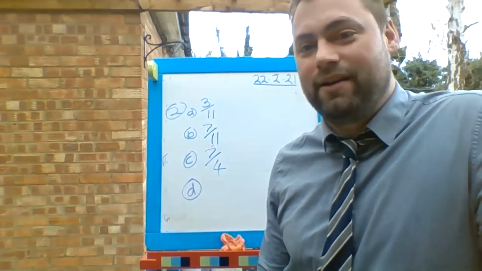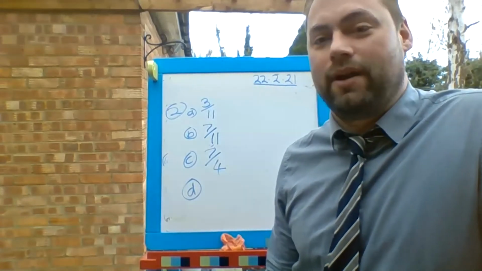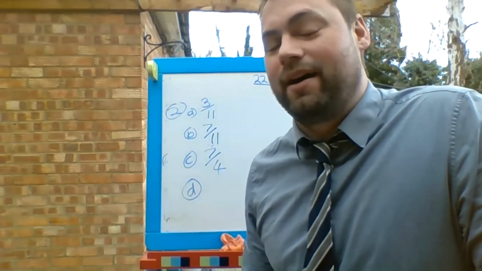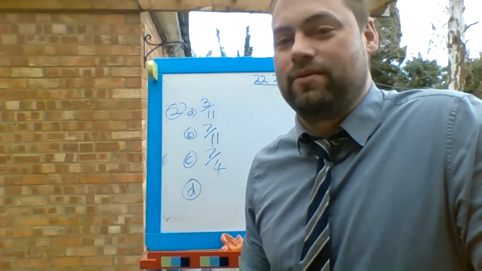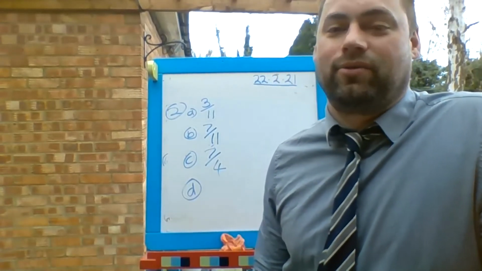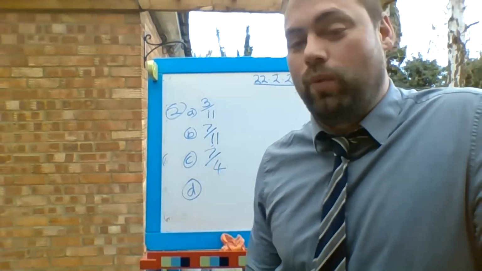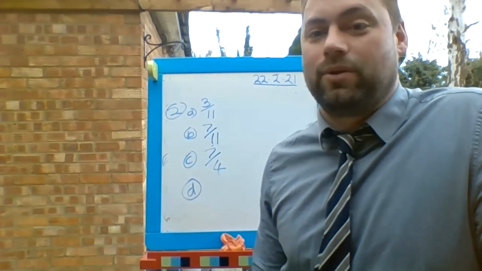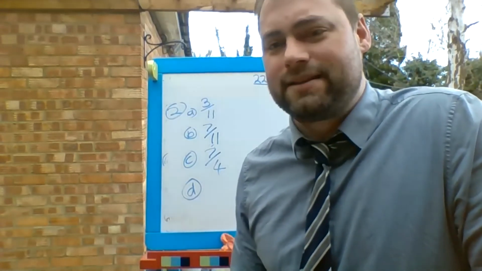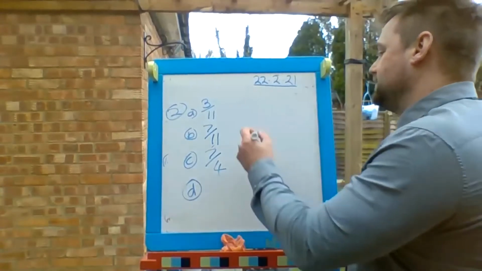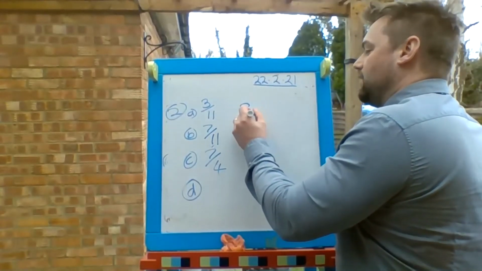So we need to figure out what we need to do here. Now, the tricky part here is that our denominators are different. However, we're not taking away 3 4s against 11 3s. We know that 11 over 4 take away 3 over 4 is equal to 8 over 4.